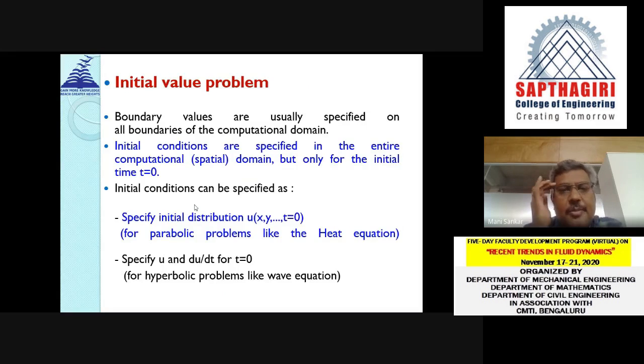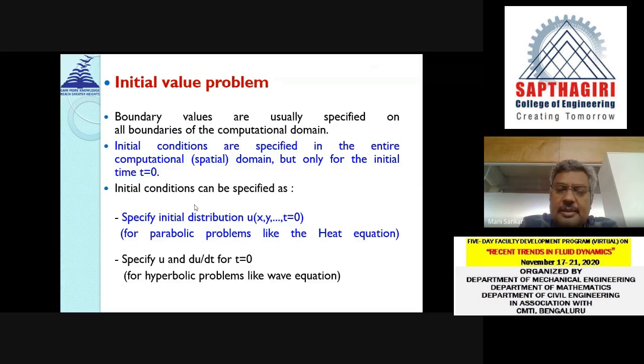In an initial value problem, as I said, the conditions are specified at only one point. Here again, you can specify the initial condition with the help of the unknown, or sometimes we need to specify the first order time derivative of the dependent variable.